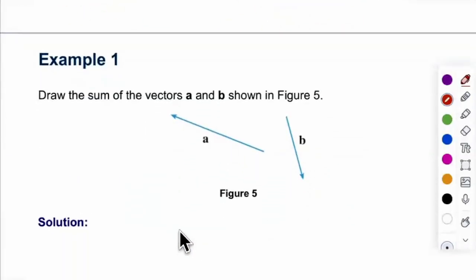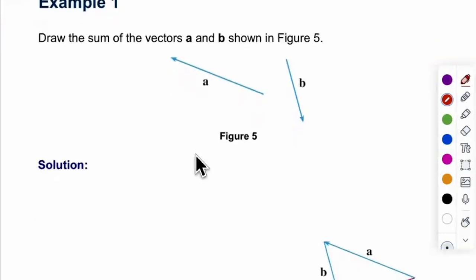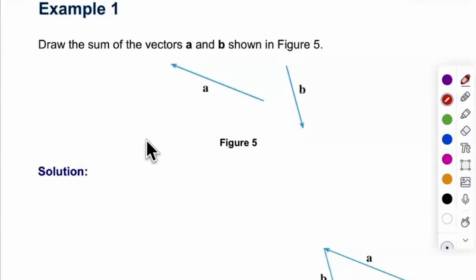Now let's do some examples so that we can feel more comfortable with this addition of vectors. Let's look at the first example. We're going to draw the sum of the vector A and B. How do we find the sum of these two?